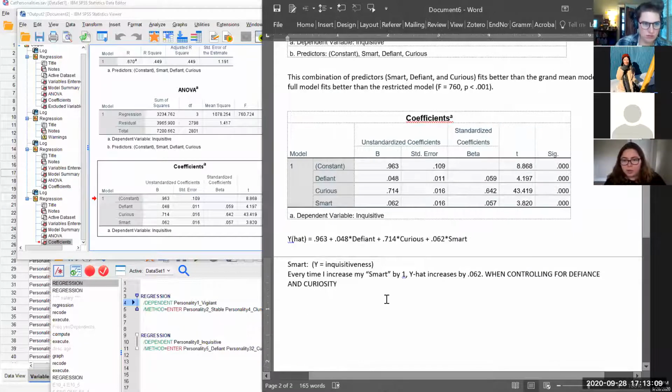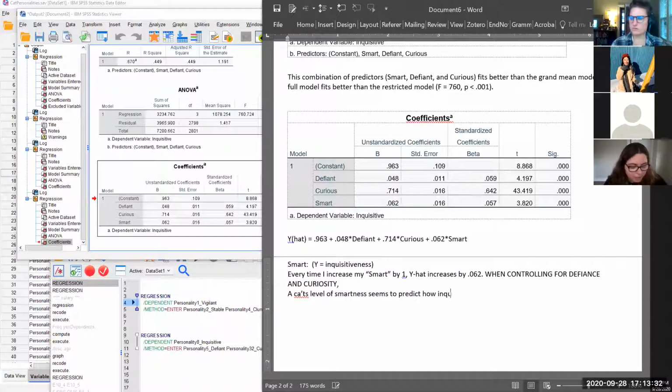And Dr. Logan, for reporting purposes in a paper, would you also need to make a statement about a cat's level of smartness seeming to predict how inquisitive they might be? Would you then tack on the statement of when controlling for XYZ?